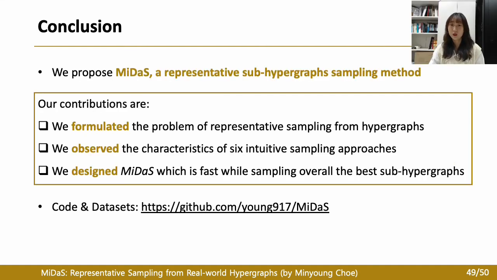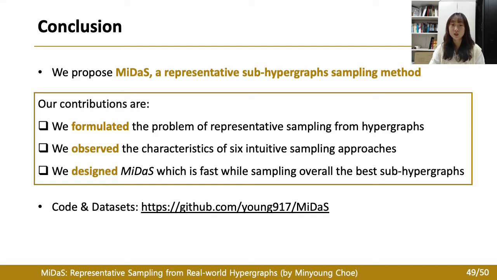In this paper, we propose Midas, a representative sub-hypergraph sampling method. Our contributions can be summarized as follows. First, we formulated the problem of representative sampling from hypergraphs for the first time to the best of our knowledge.